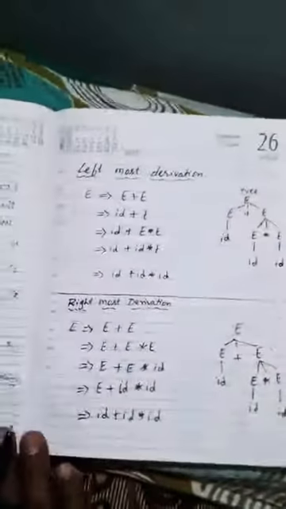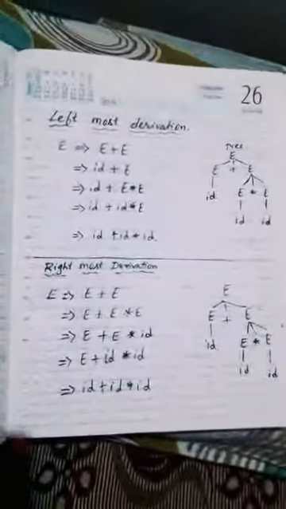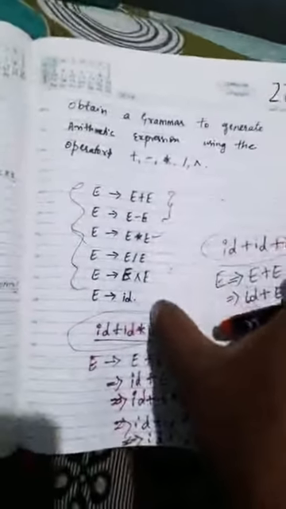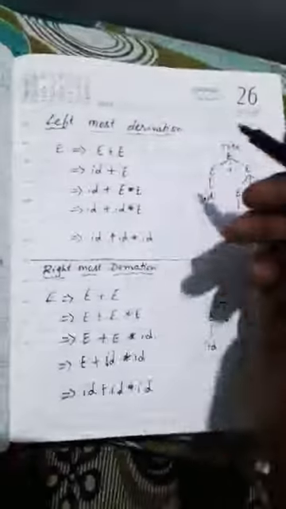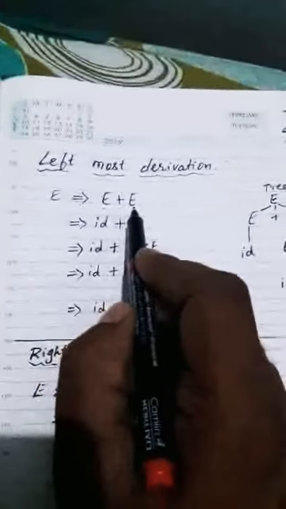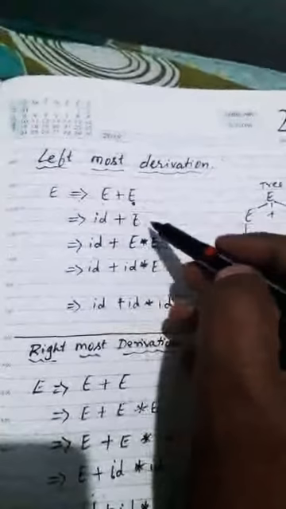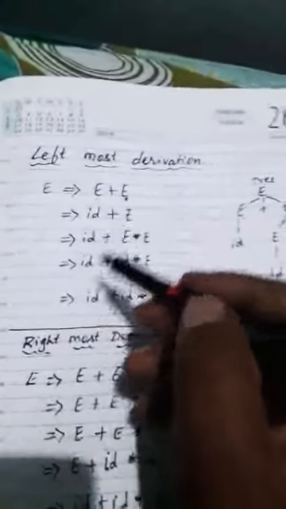We'll take an example here. I have taken a grammar that you have seen before, to generate the arithmetic expression. What I am doing here is E tends to E plus E, that is the first production. This E I am keeping as it is.